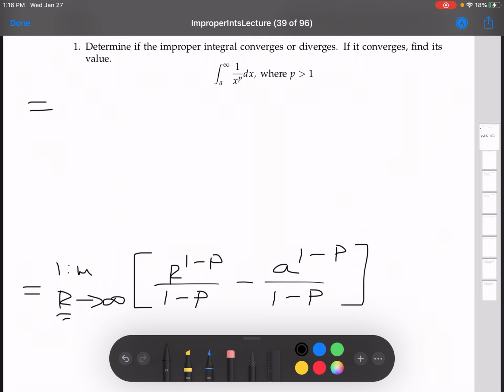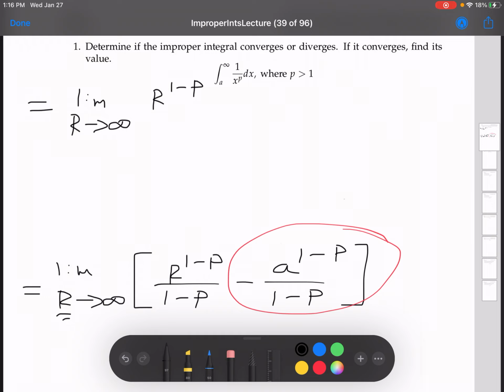So we can think of this limit as the limit as r approaches infinity of r to the 1 minus p over 1 minus p, minus, and now this whole thing in red isn't affected by r as r approaches infinity, so we can just leave this out here.